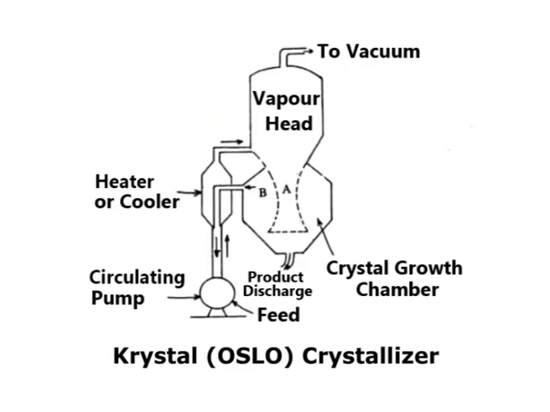The vapor head consists of a long tube which extends to the bottom of the crystallizing chamber, whereas the other end is connected to a condenser and vacuum pump. A pump is provided which allows the feed to enter the vapor head. On its way to the vapor head, a heater is provided. The solution is pumped through the heater, and the hot solution enters the vapor head.